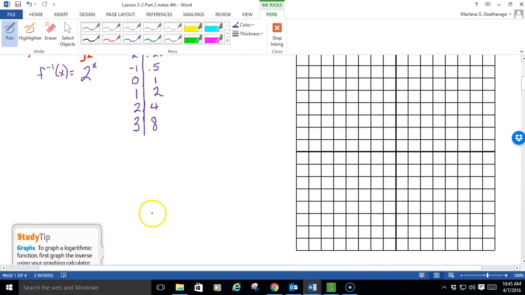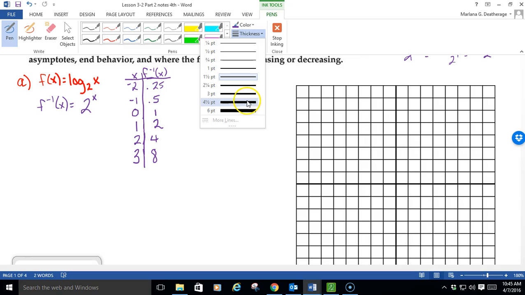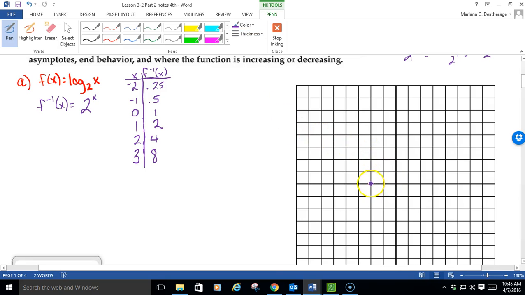Now this is the exponential. It should look familiar from lesson 3-1. So, -2, 0.25; -1, 0.5; 0, 1; 1, 2; 2, 4; 3, 8.